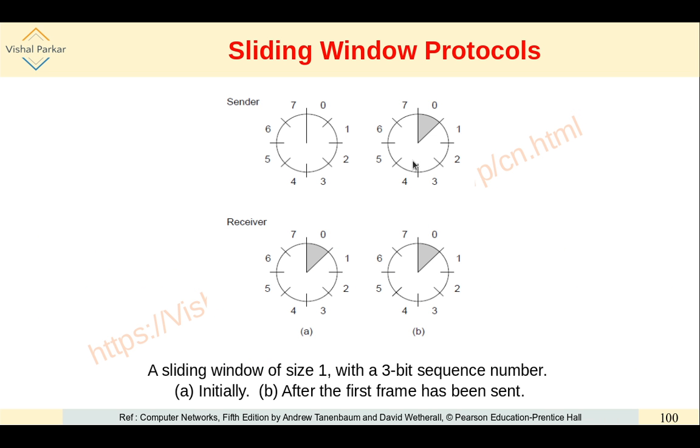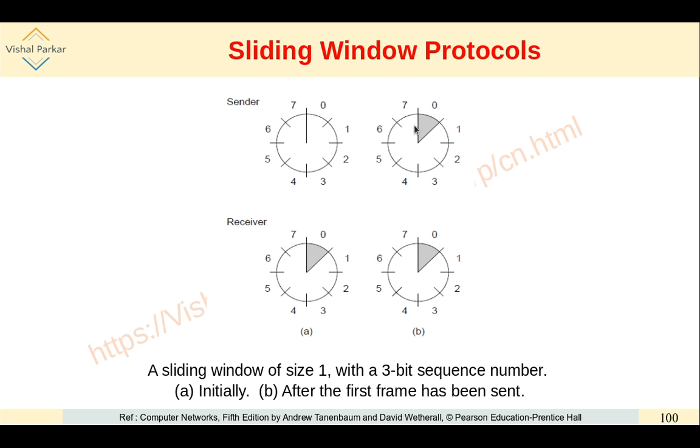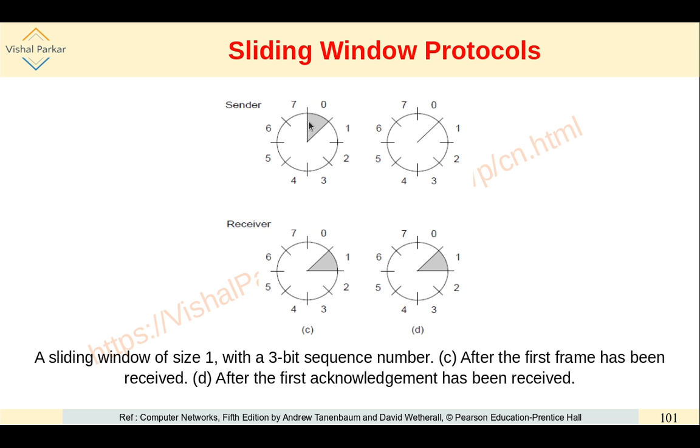In the case of the next diagram, you can see that when the sender receives the acknowledgement, previously it was open here, and when the acknowledgement for the 0th frame was received, the window is now closed. This is indicated here like this.